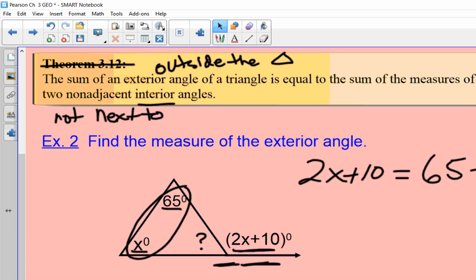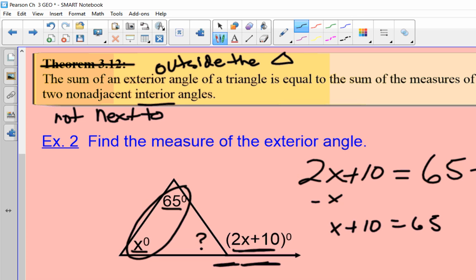So I'm going to subtract x from both sides. Okay, now I'm going to solve it for x by subtracting 10. And I get x is 55. Okay.